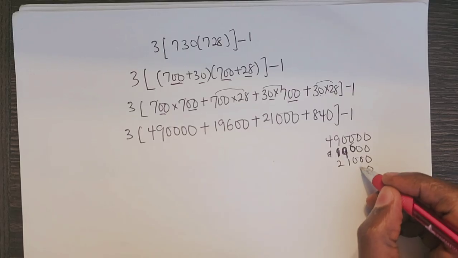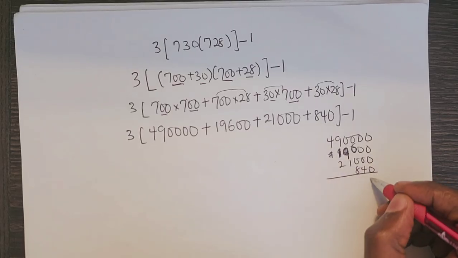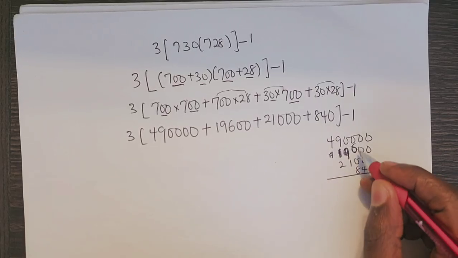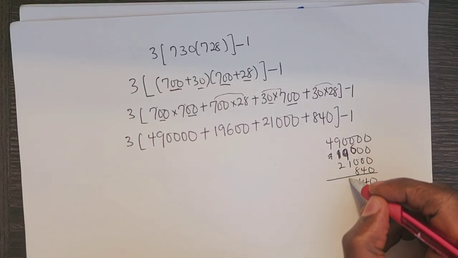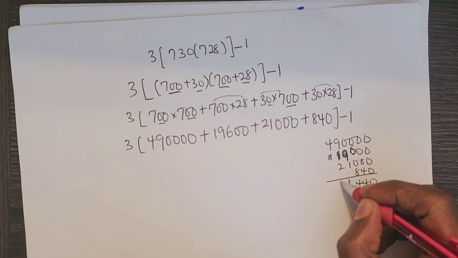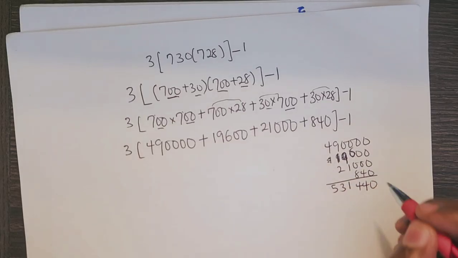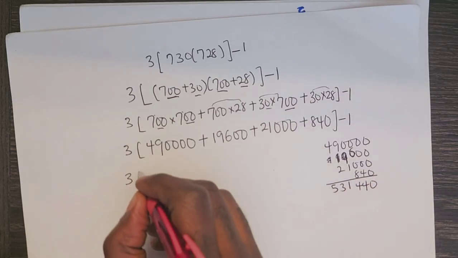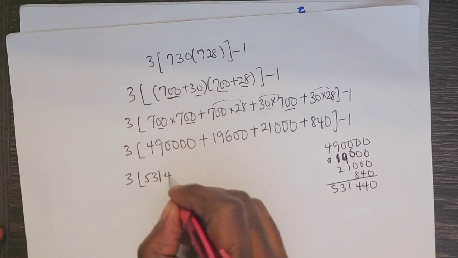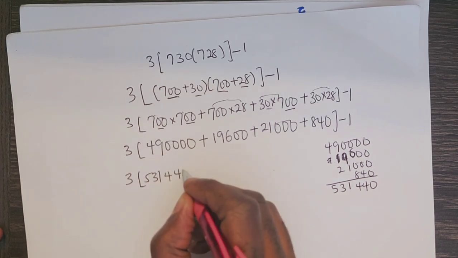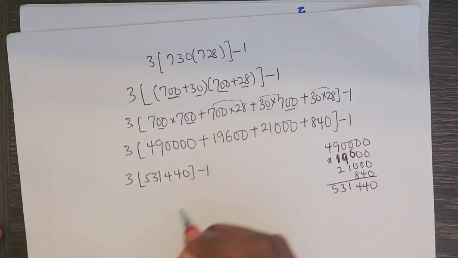And here we have 84. So adding these up, we get 531,440. So here we have 3 multiplied by 531,440, minus 1.